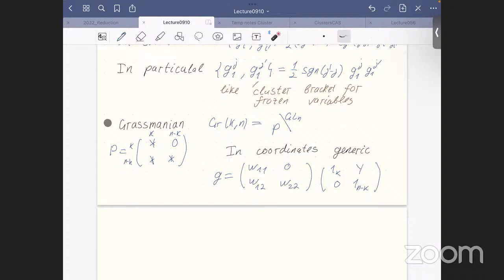So the matrix elements of y are the coordinates on the open cell in the Grassmannian.